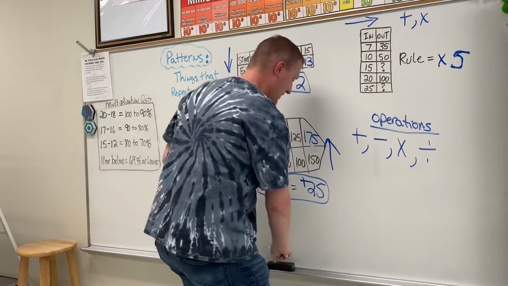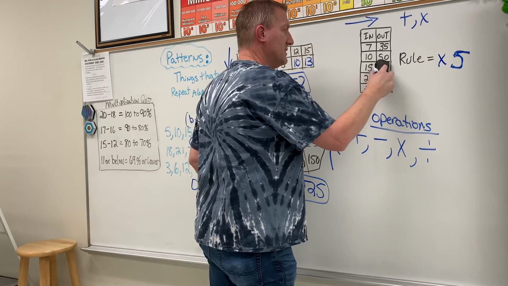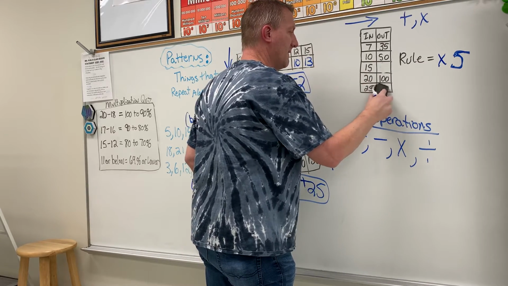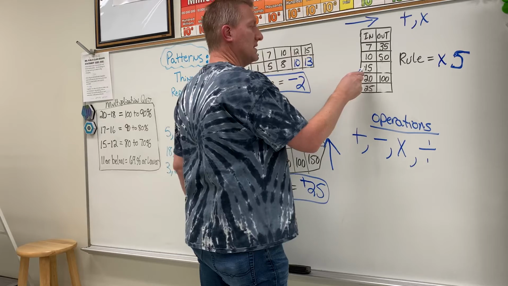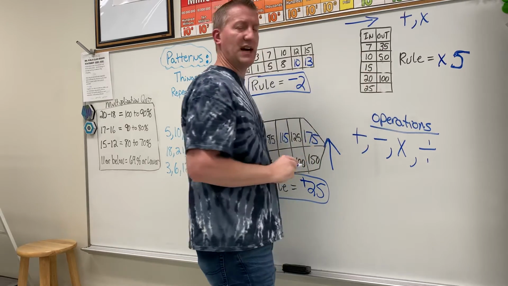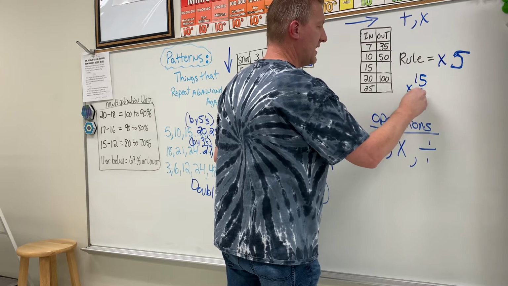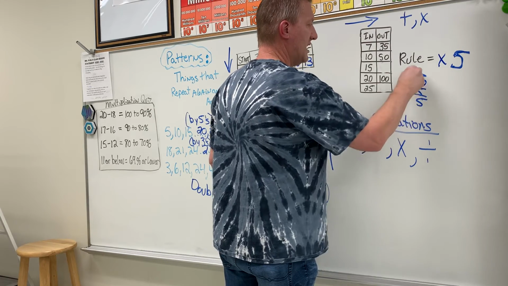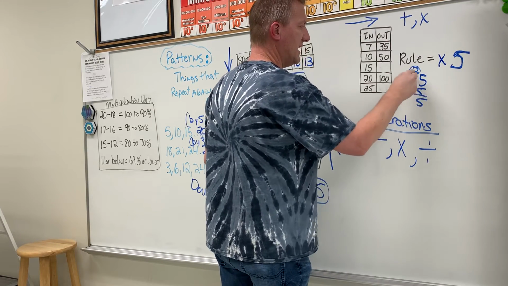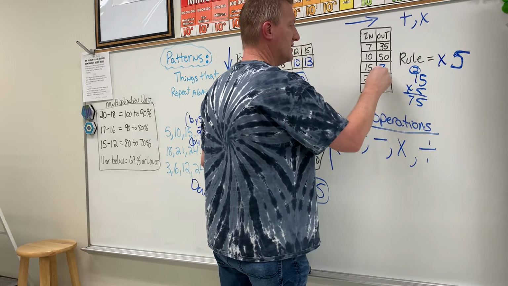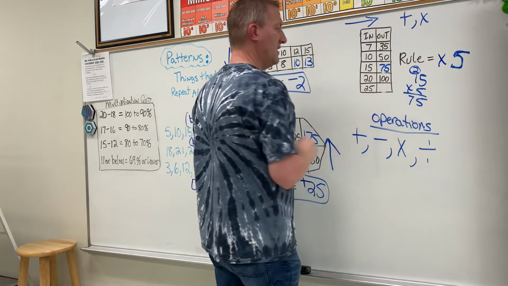So now we can go back and find these missing numbers, can't we? Okay, so 15 times 5. If we work that out, 5 times 5 is 25, you carry the 2, 5 plus 7. So that's 75.